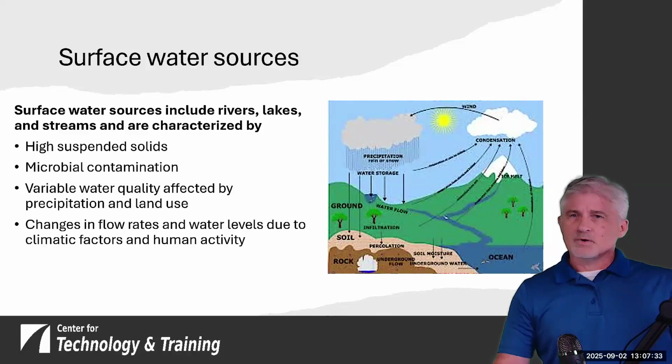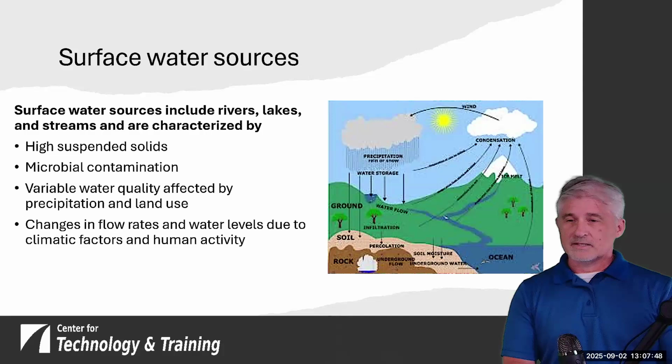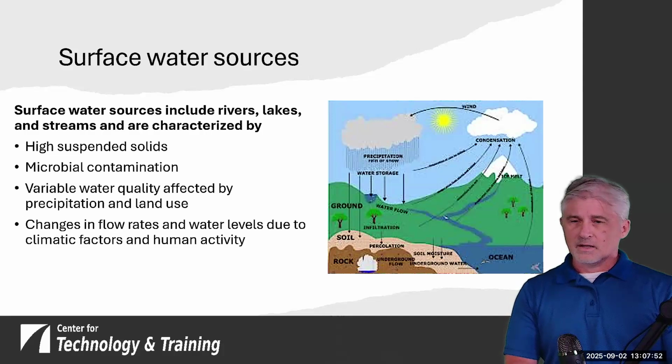Surface water quality also quite often varies, and that's due to precipitation, runoff, and how the land is used.